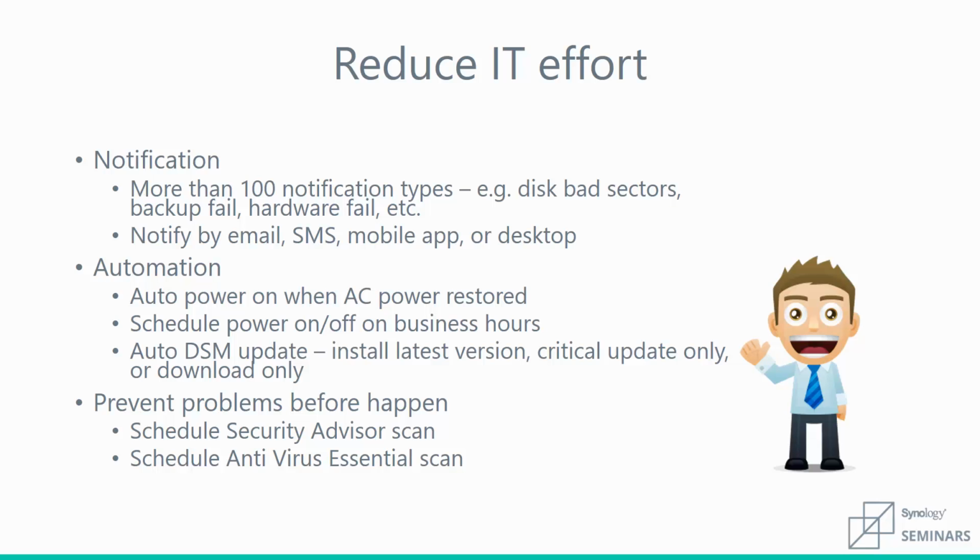You are able to receive these notifications either via email, SMS, mobile app, or desktop notification. We offer many automation tools that allow you to automate certain management functions, such as powering on the unit once power is restored if the power goes out. You are also able to schedule the power on and off hours, so your NAS is only running during business hours, and even schedule the DSM updates to happen when the unit is not in use.